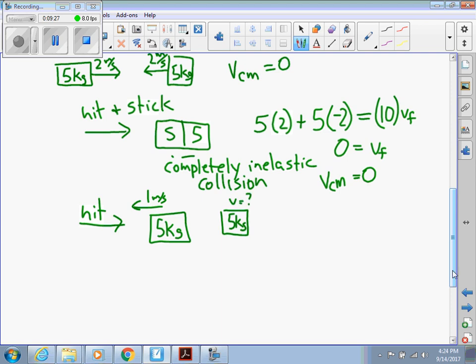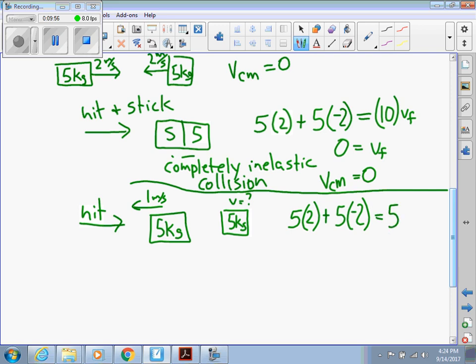And so if it is this situation where they bounce, if we look at that, let's go ahead and calculate. And let me draw a little line, a little bit close up there. So we have our original mass and velocity of the first one, plus the mass times the velocity of the second one.